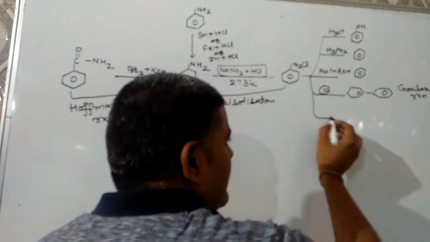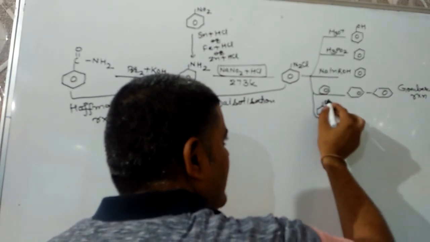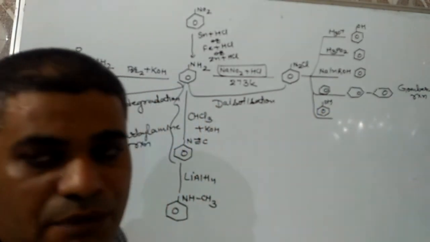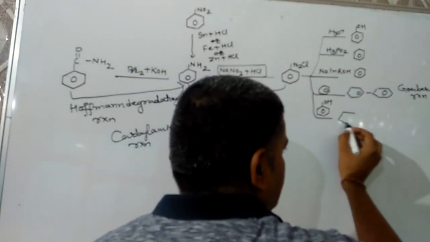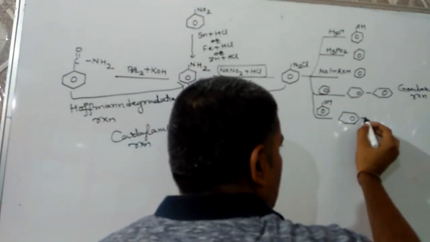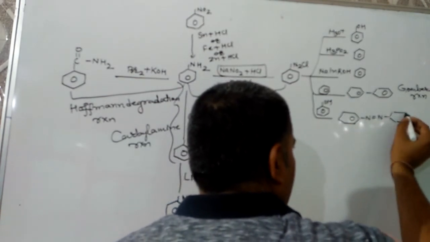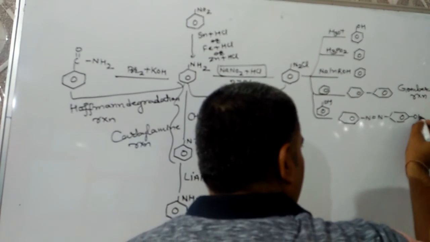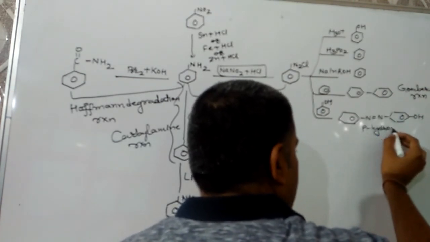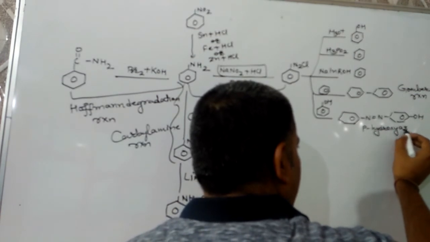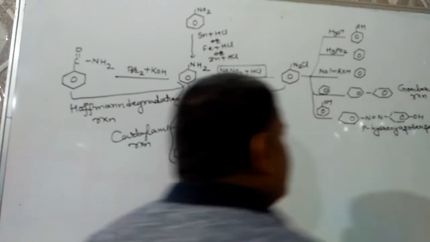Next, if phenol is added to it, then we will get an orange red color dye, and the compound is known as para-hydroxyazobenzene. It is an orange red color dye.